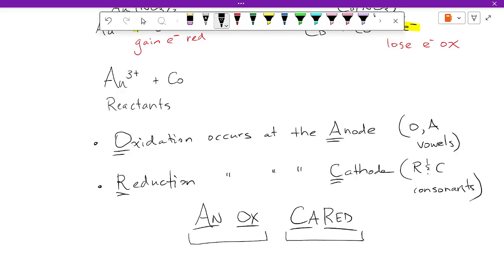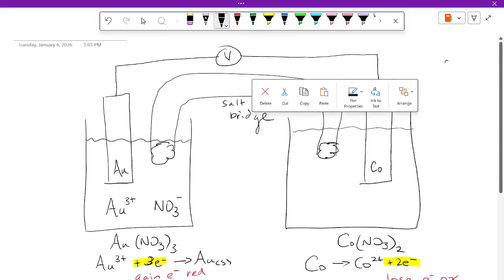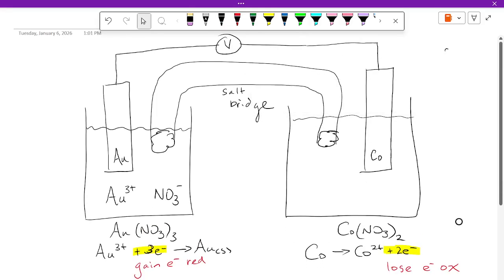If oxidation occurs at the anode, that means you can then label the cobalt the anode. Be careful not to just do this. Sometimes people try to label the entire half cell as the anode.